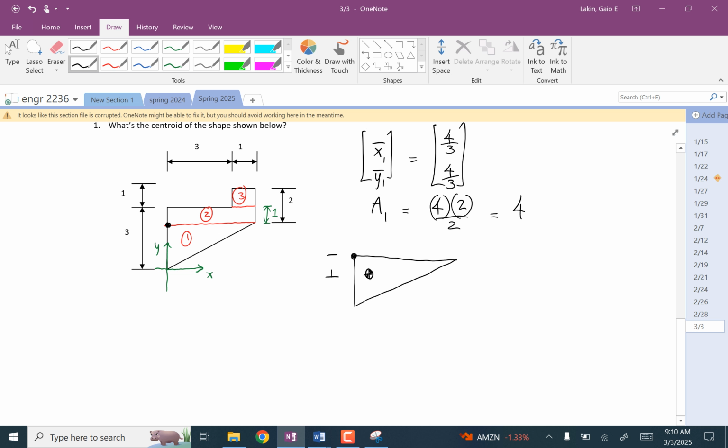And we know that this distance is 1/3 times the height of the thing, which means that this distance is 2/3 times the height of the thing. And this is 1/3 times the base, which means this is 2/3 times the base.